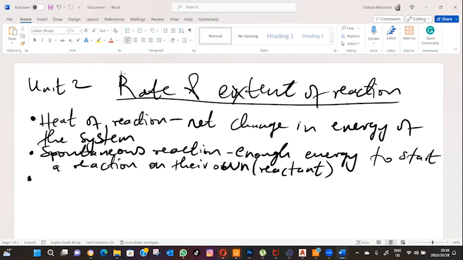The other important thing that we have to talk about is the catalyst. Since we are talking about the energy to start a reaction, we have a positive catalyst.